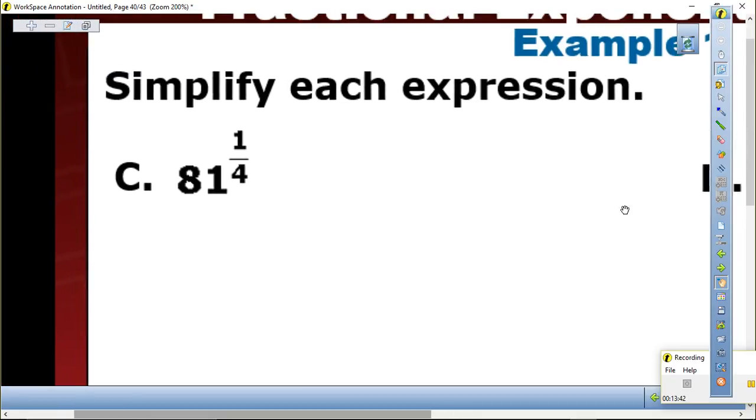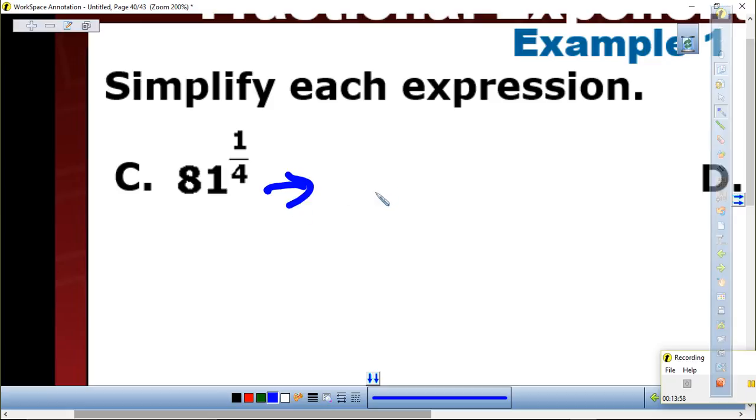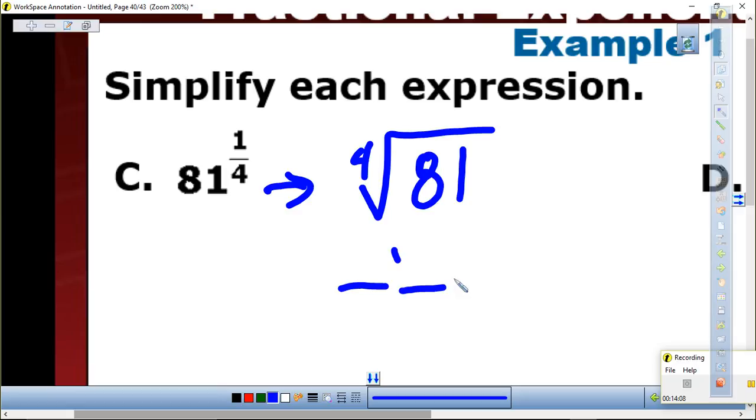C is 81 to the 1/4. You tell me what to write. Radical, index of 4, and 81 is the radicand. What number times itself 4 times gives me 81, everyone? 3. We got this, right?